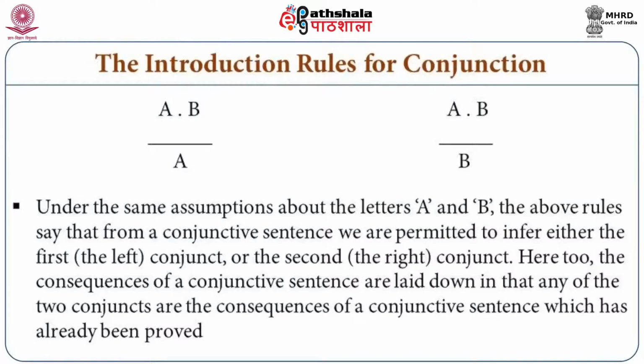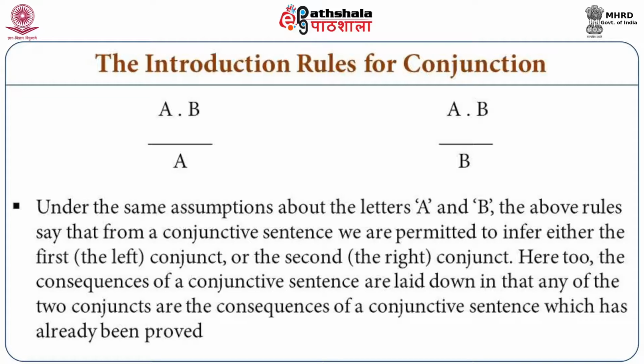With the same example of conjunction, now let me explain the rule of elimination. Suppose we have a conjunctive sentence A and B, and this sentence is shown to be valid or true. We can infer the conjunct A, which is one of the conjuncts of the conjunctive sentence.